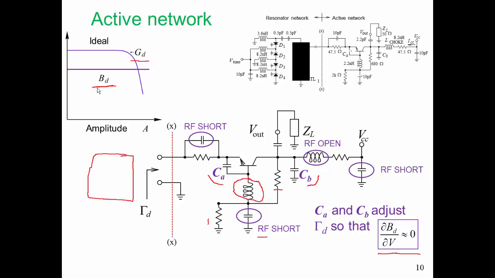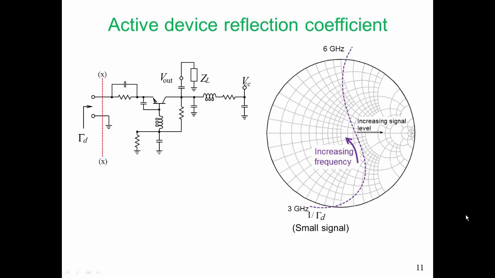Returning to our plot on the top left here, that is, BD is independent of the oscillation amplitude. We want that characteristic to manage noise, to keep our phase noise low, and this is the unique feature of this design. The reflection coefficient of the active device is shown here.